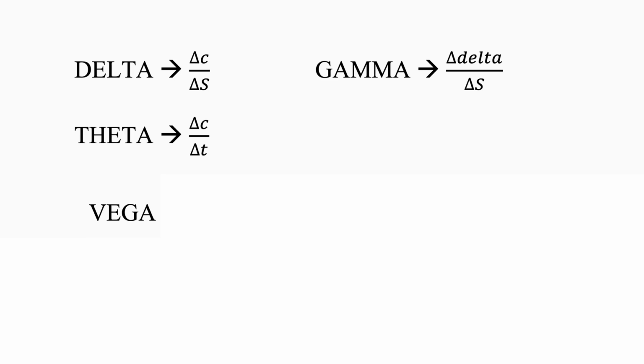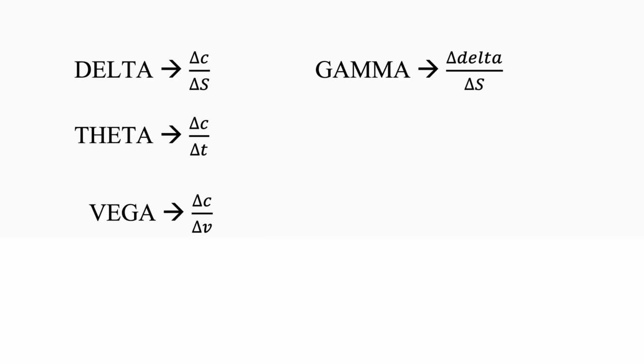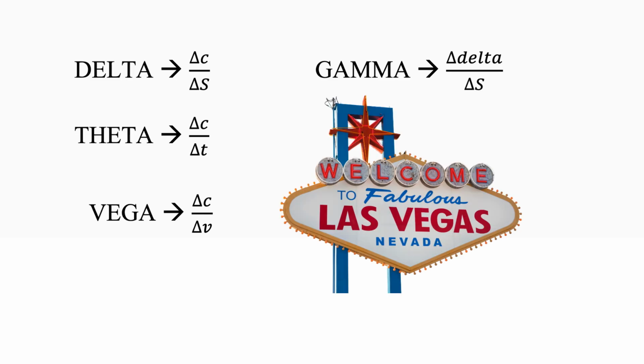We can think of VEGA as the change in the call price over the change in the volatility. That is, VEGA is referenced by delta call option price all over delta volatility. By the way, VEGA is not actually Greek, but it's quite handy to use to remember that it's all about volatility. So VEGA makes a lot of sense. And if you're thinking casino wild volatility, think Las Vegas and therefore VEGA.